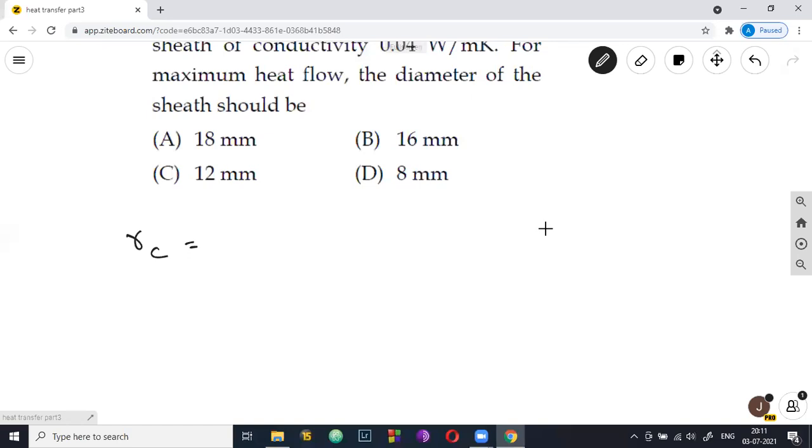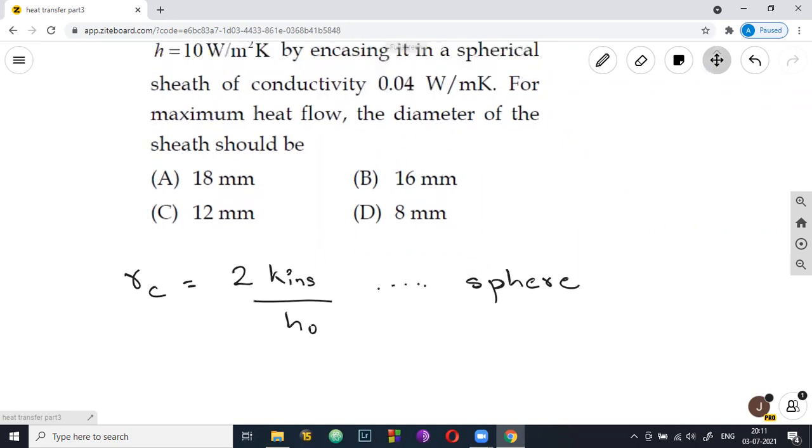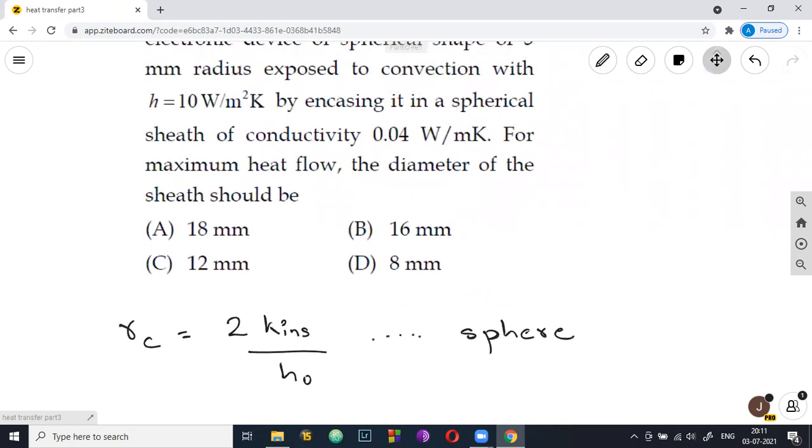And the formula for sphere goes something like this. 2 times of K insulator divided by HO. For cylinder, it was K insulation by HO. But for sphere, it is 2 times of K insulation by outer heat transfer coefficient. Now, most of the people get confused with the K value.